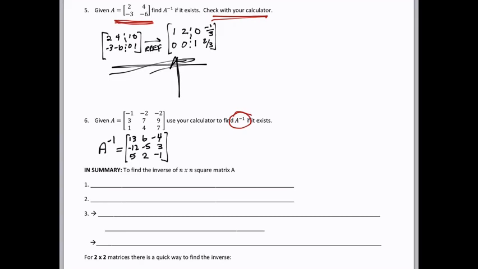So that means if we can't get the identity, it's a singular matrix. It doesn't have an inverse. So I'm going to write for our answer for that. That would be singular. All right, then number 6 there, just put A into your calculator. Use your inverse button, and you should have come out with this 3x3 inverse.